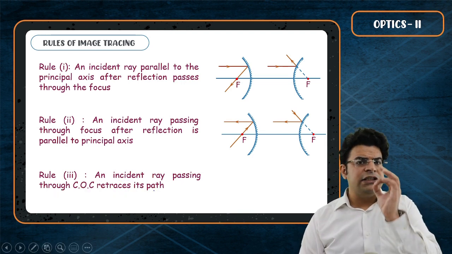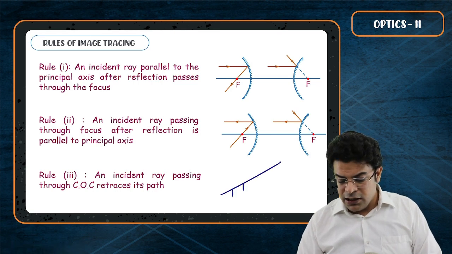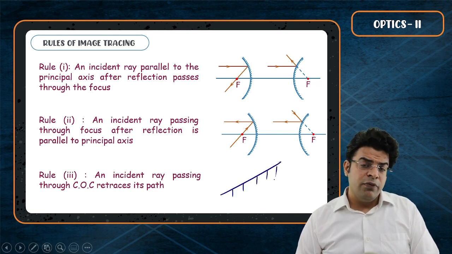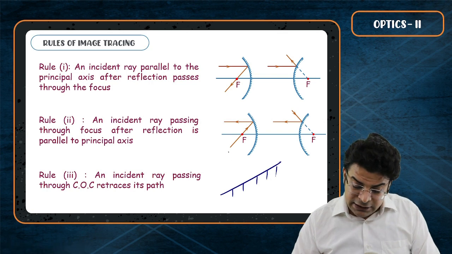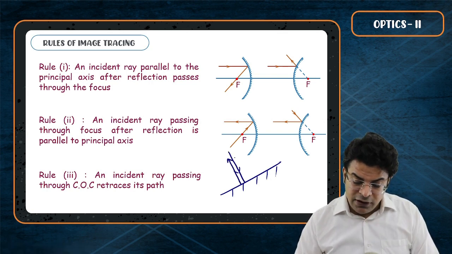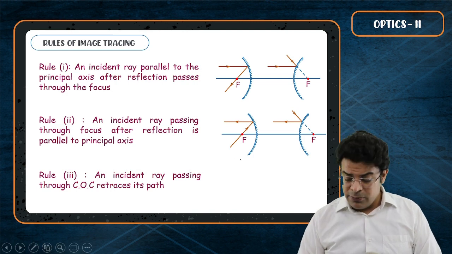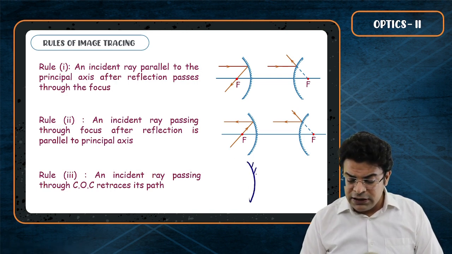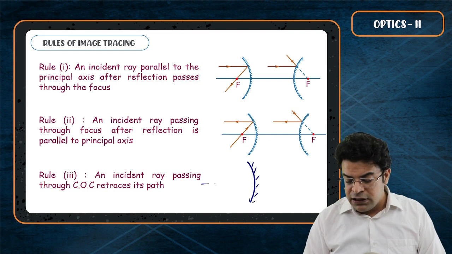When I was teaching you plane mirror, I said that an incident ray will retrace its path given that the incident ray has hit the plane mirror normally. Similarly, think of incident rays coming out of the center of curvature.